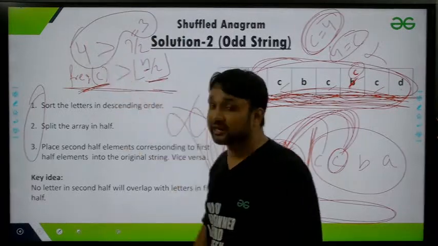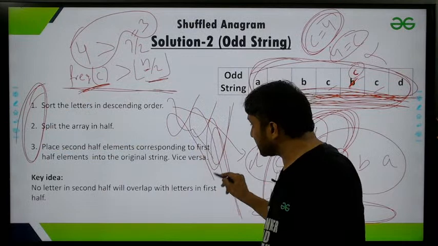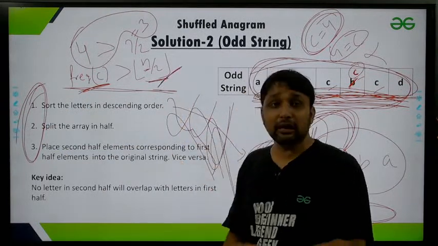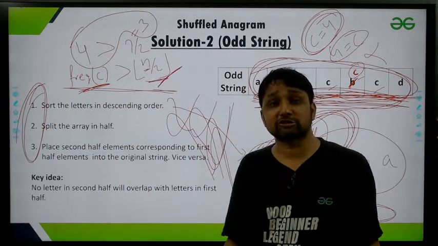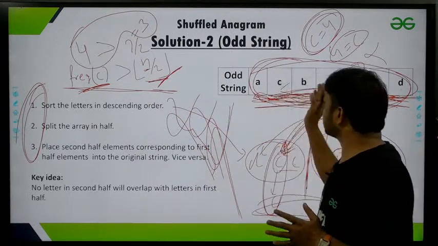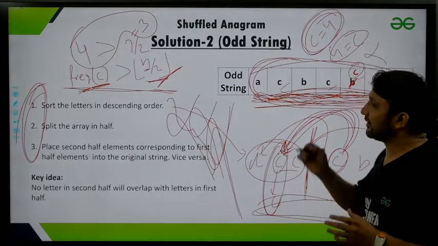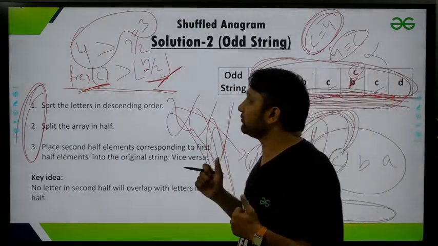Because this condition is satisfied, this code will not execute. I will simply print that I cannot generate a shuffled anagram from this string. Why?